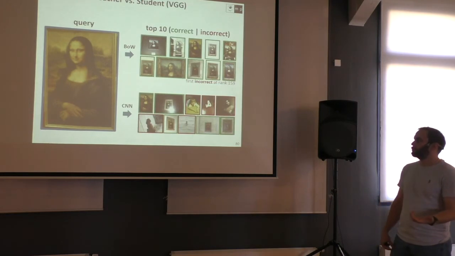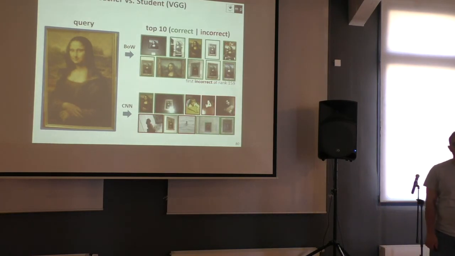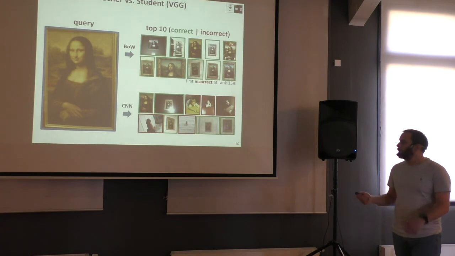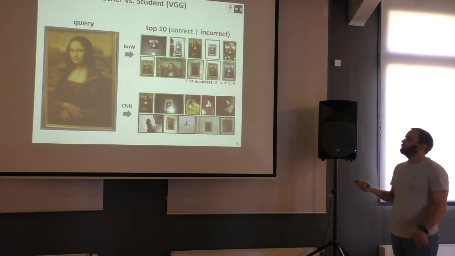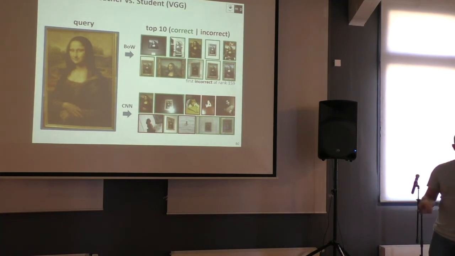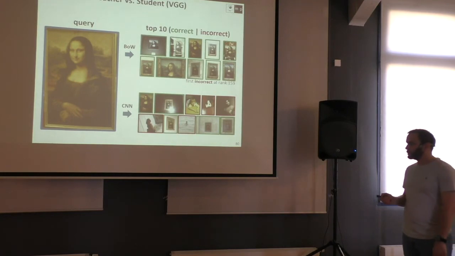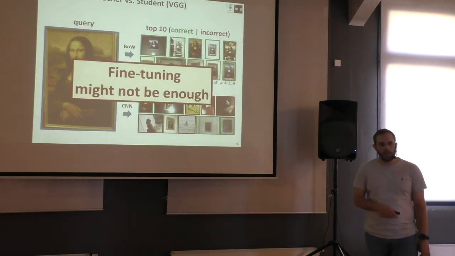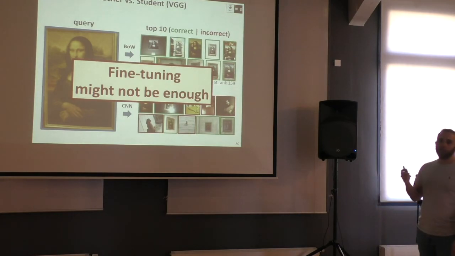So this network was trained to find a face as a class, and we only learned on landmarks, so we never taught the network to actually search for a specific painting, or in this case, person. So fine-tuning might not be enough, and hopefully we will do training from scratch to see if this gives better benefits in these specific cases.